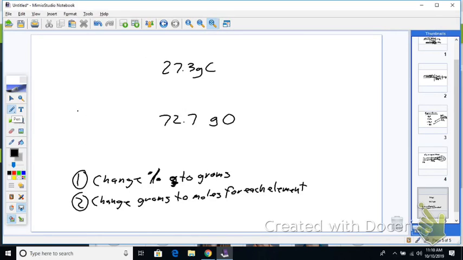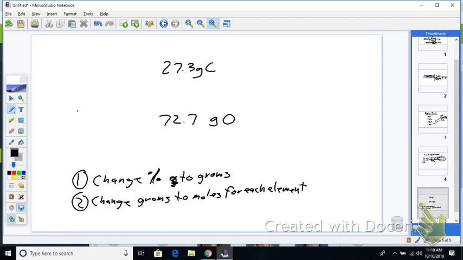You guys don't need your periodic table for this one, do you? Carbon, you know what it is? 12.011. Okay. What about oxygen? 16. Okay, there you go. Is it 12.01 or 12.00? 12.01. Isn't there 2 oxygens? Or does that not matter? You don't know that.